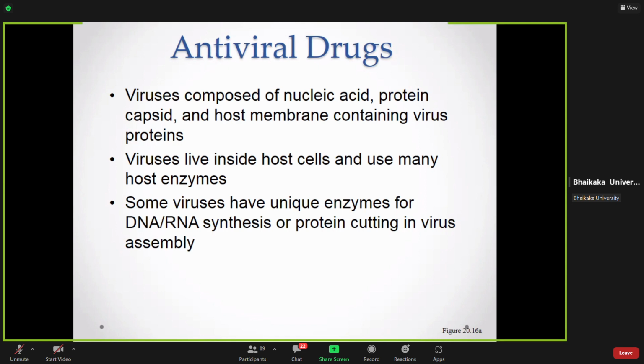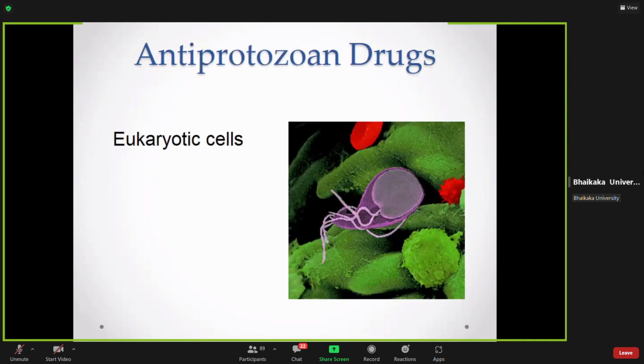And additionally, what is required for every antiviral to work is they should be able to penetrate the host cell. If they are not penetrating the host cell, then they won't be reaching the target site, because viruses are usually where? Intracellular, within the host cell. So to prevent their growth and multiplication, the antivirals have to go within the host cell. So that is about antivirals.